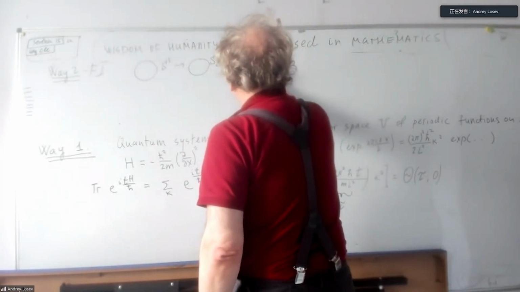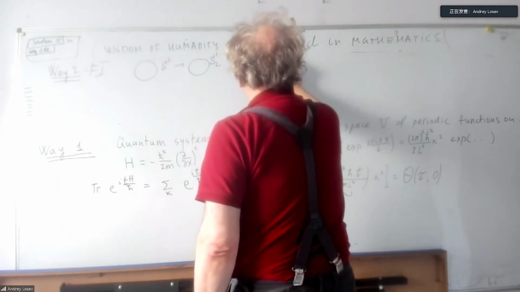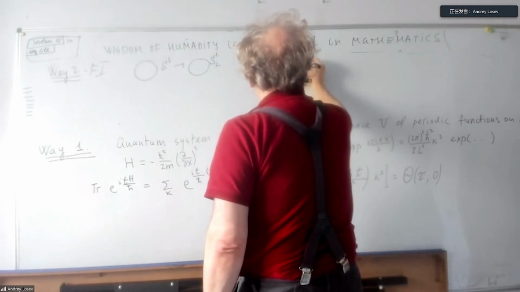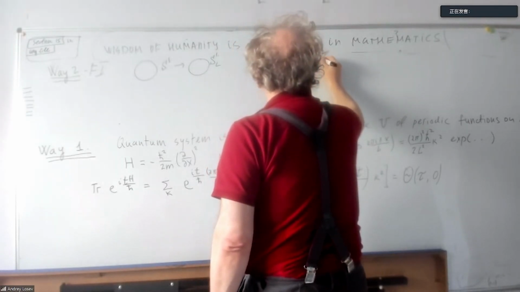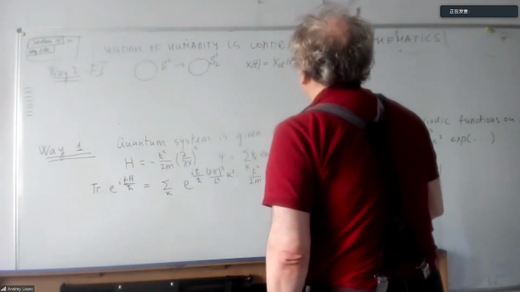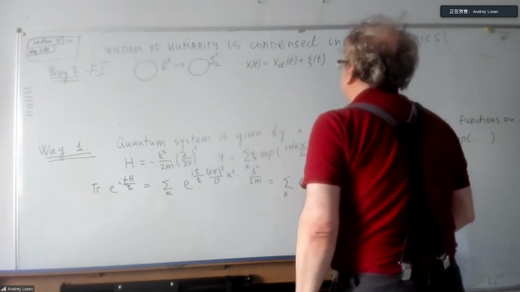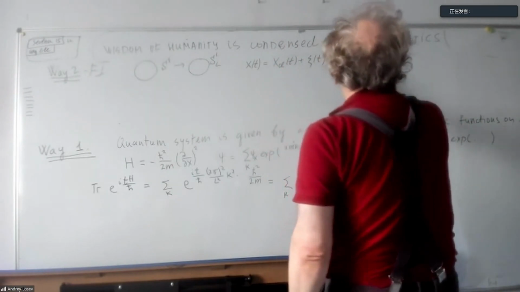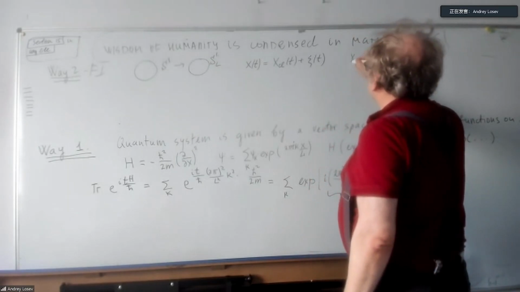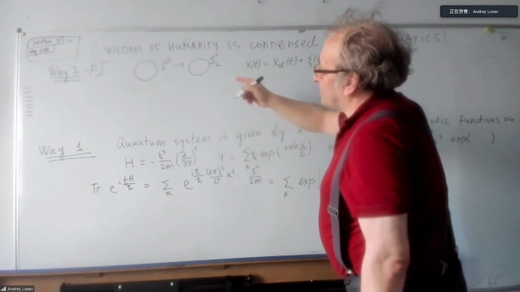Here we say that our trajectories x of t would be decomposed as x classical of t plus psi of t. Now, what can I say about x classical of t? I'd like to say that x classical of t is the classical trajectory.